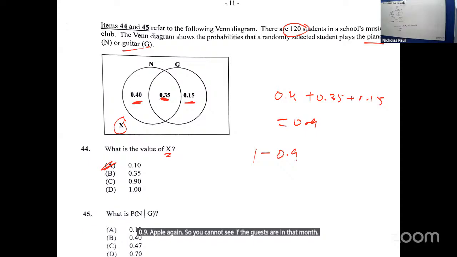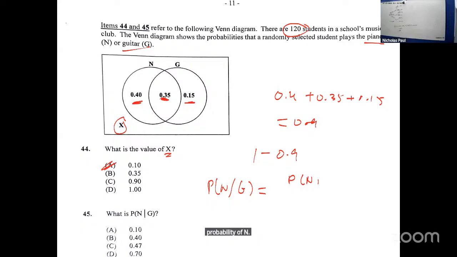Next one, they want the probability of piano given guitar. So here's where we go to the formula: probability of P and G all over the probability of G. We know the probability of P and G, that's 0.35, and the probability of G is 0.5.